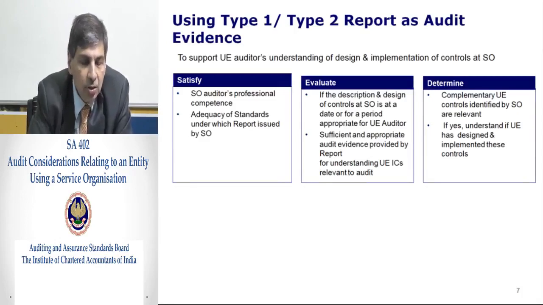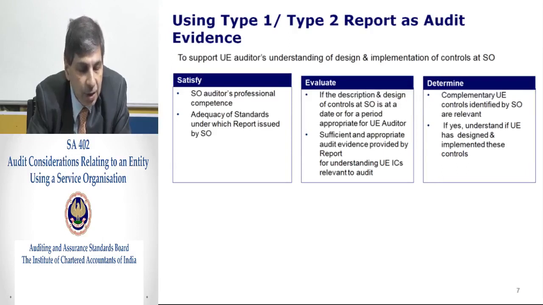Factors to consider to determine whether the time gap is sufficient: What is the length of the gap? The significance of the activities of the service organization, whether there are any errors that have been identified in the processing of transactions by the service organization, the nature and significance of any changes in the service organization's controls identified by management, and the significance of the assessed risk of material misstatement.